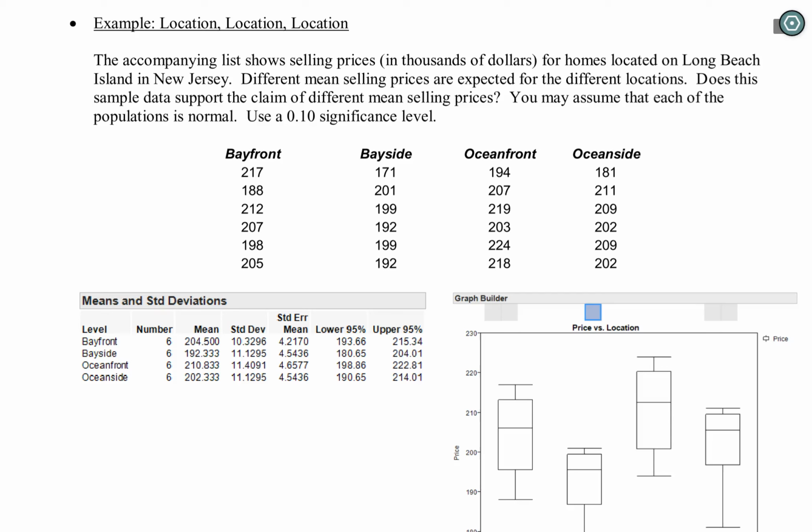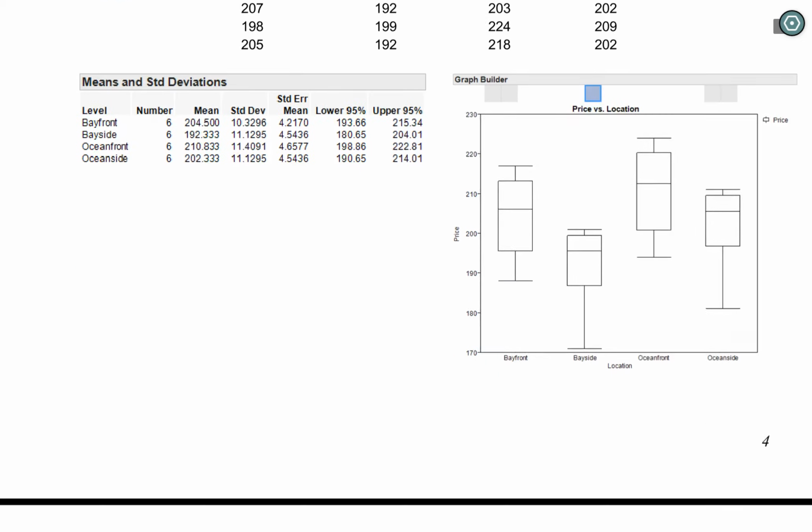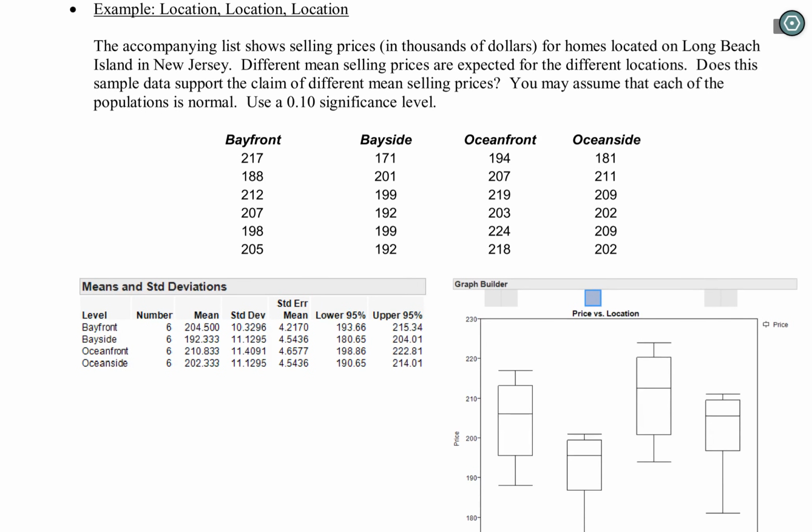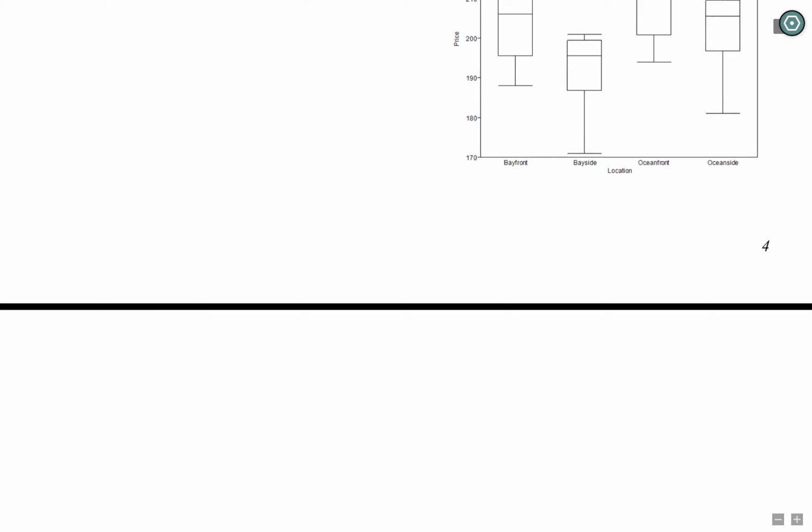Okay, so continuing on here in analysis of variance, looking at this location example, again we are comparing population means here. I've got 2 pages, so I'm going to start here.